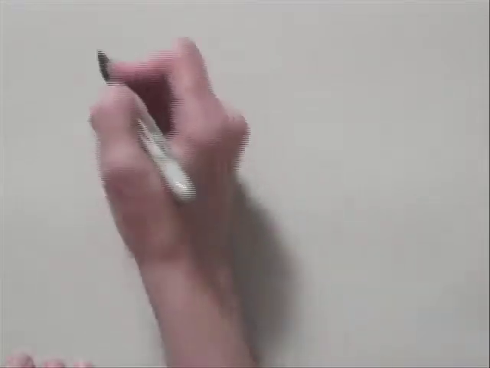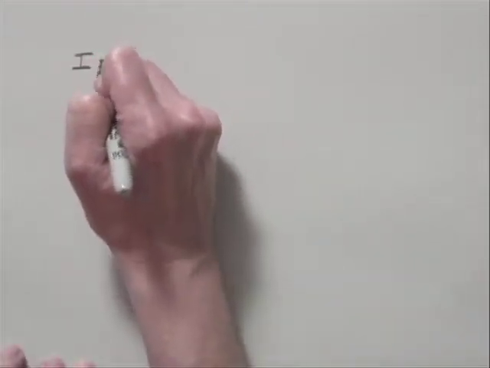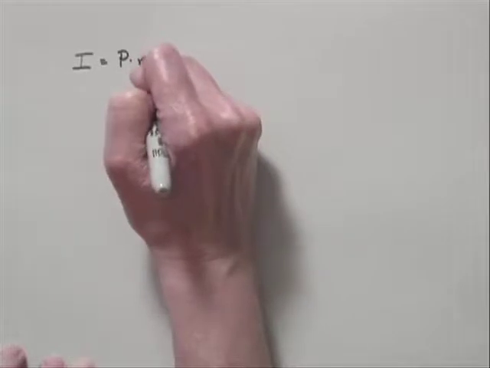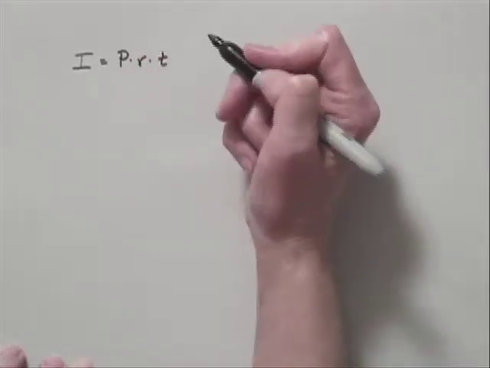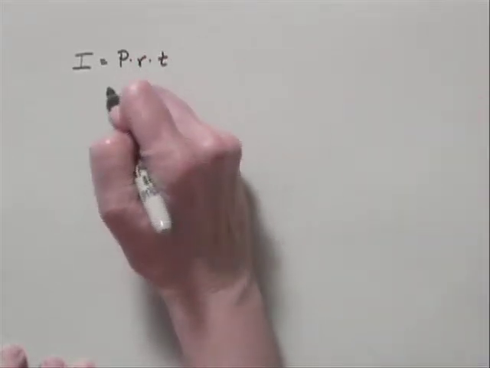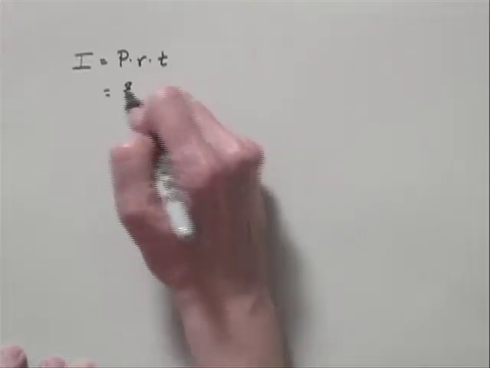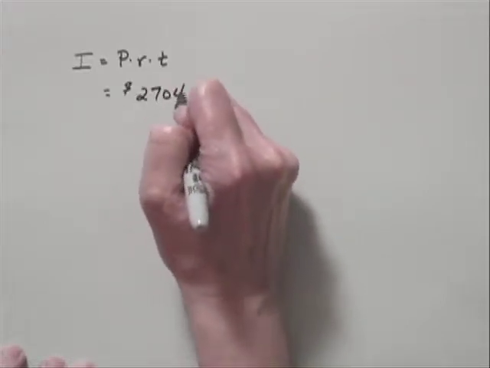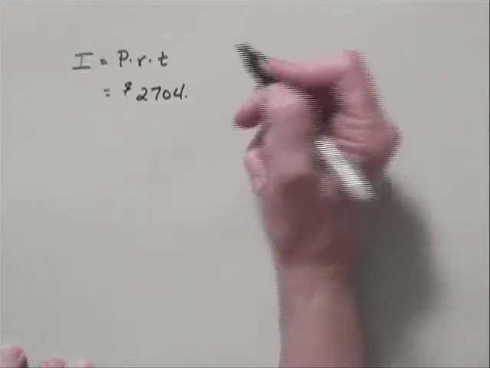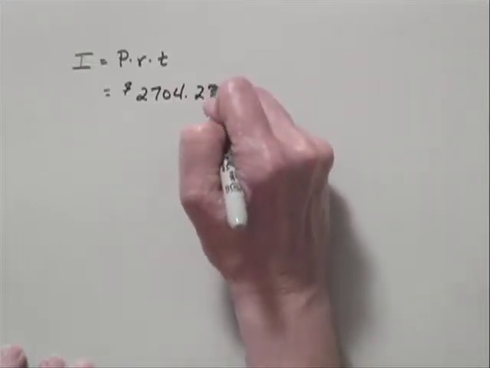And we'll use the formula that interest is equal to principal times rate times time. Now, we're told that Jaden owes $2,704.27, so this is the principal.